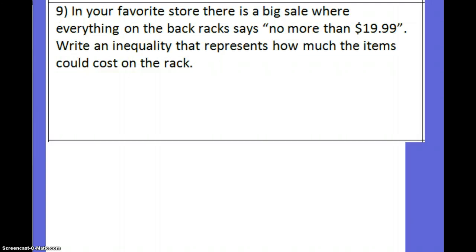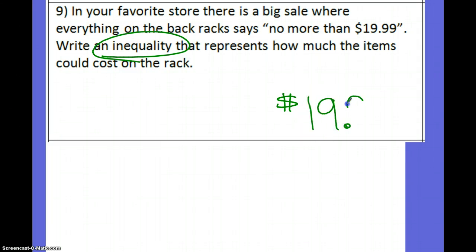In your favorite store, there is a big sale where everything on the back rack says no more than $19.99. Write an inequality that represents how much the items could cost on the rack. So if they're no more than $19.99, can they be less?